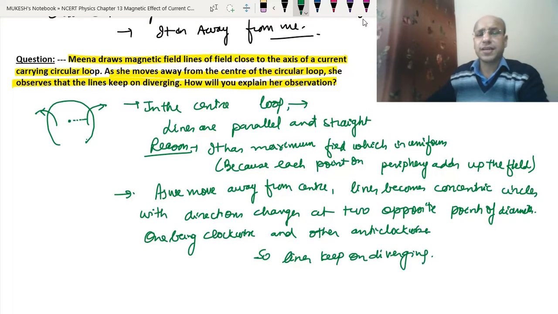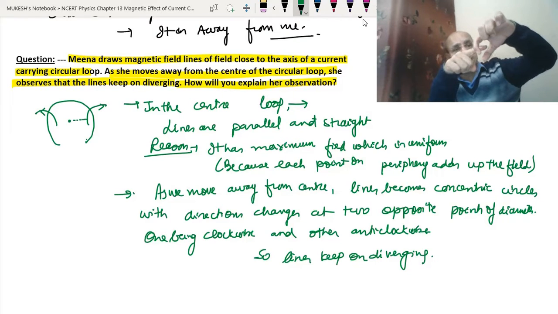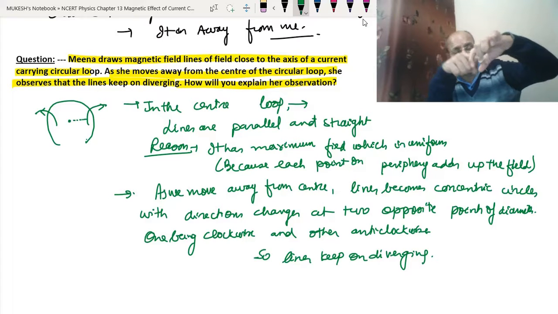Now let's explain this again. See, in the loop, if we are at the center, the lines are straight and parallel. Why? Because every point of this loop is contributing the same field inside it. That is why at the center it is maximum, and that is why it is uniform also. That is why the lines are parallel and straight.